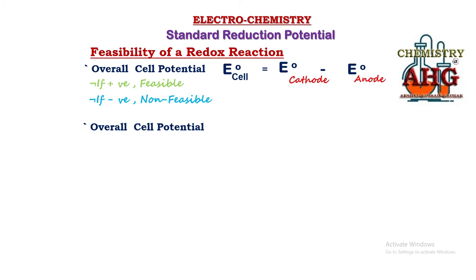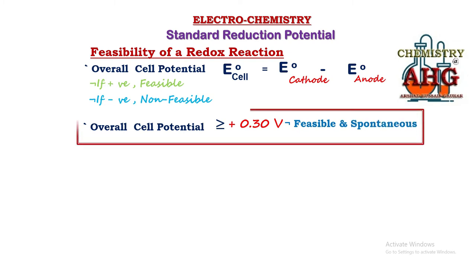If a cell is generating at least 0.3 volt during a chemical reaction, then that reaction will be known as a spontaneous feasible reaction. So this is the most important information in deciding whether a feasible reaction is spontaneous or not. So 0.30 volt is the minimum limit of the voltage that must be produced by a chemical reaction to be spontaneous.